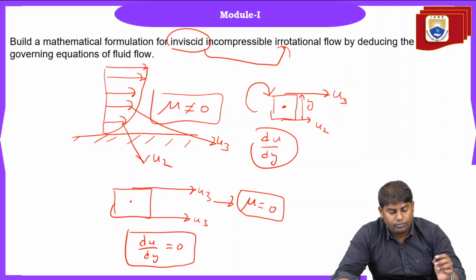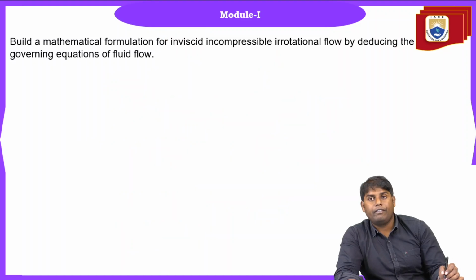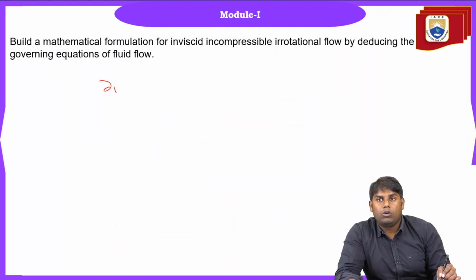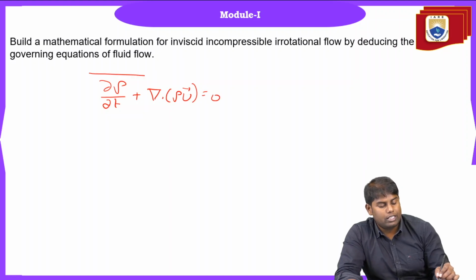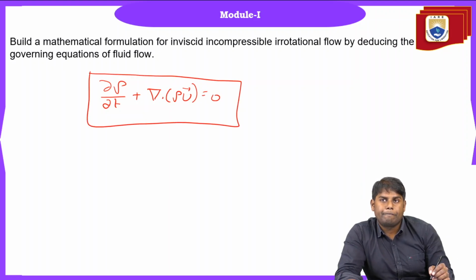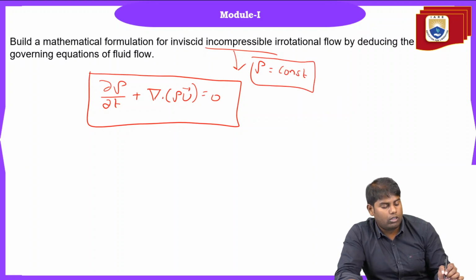Now we have to deduce the expression from the governing equations of fluid flow to build this inviscid incompressible irrotational formulation. Let us take the generalized equation, which is dou rho by dou t plus del dot rho u equal to 0. This is the generalized expression for continuity. Now, from incompressibility, density is constant. When the density is constant, this term will vanish and be equal to 0.